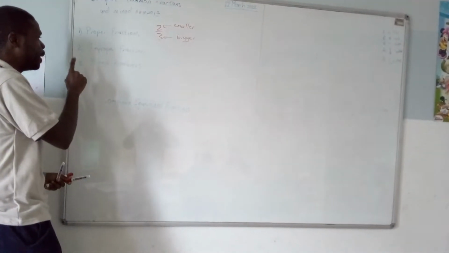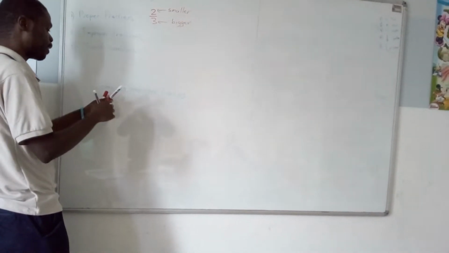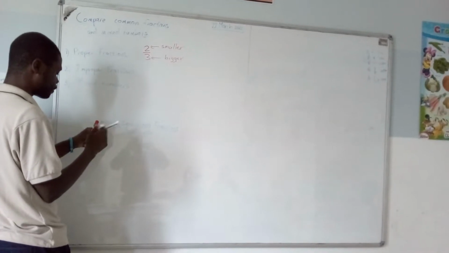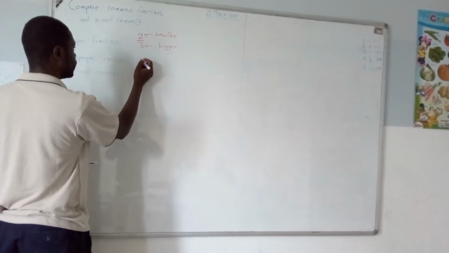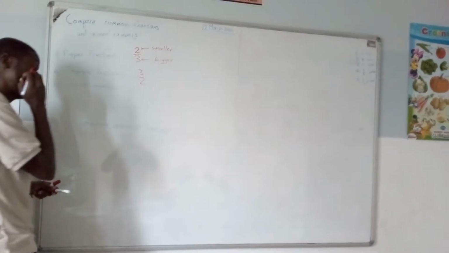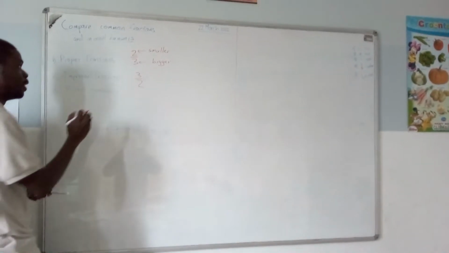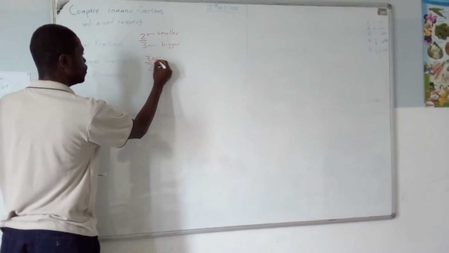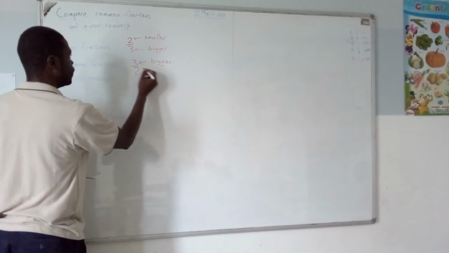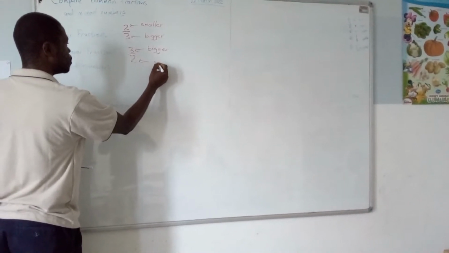But for an improper fraction, it's the other way around. Let's use the same numbers: you take 2 over 3 and you say it's 3 over 2. With an improper fraction, the numerator is bigger and the denominator is smaller.